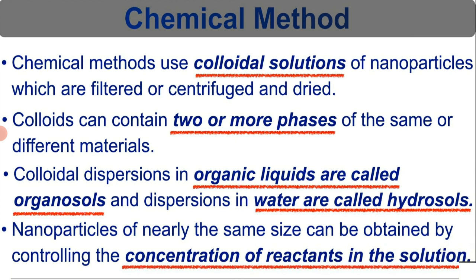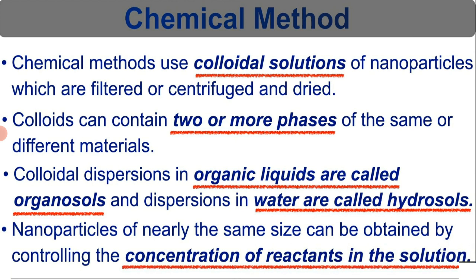Next one is the chemical method. Chemical methods use colloidal solutions of nanoparticles which are filtered or centrifuged and dried. Nanoparticles of nearly the same size can be obtained by controlling the concentration of a reactant in the solution. Colloidal dispersions in organic liquids are called organosols and dispersions in water are called hydrosols.